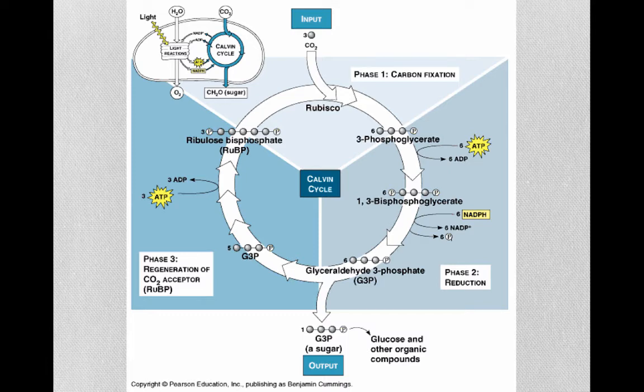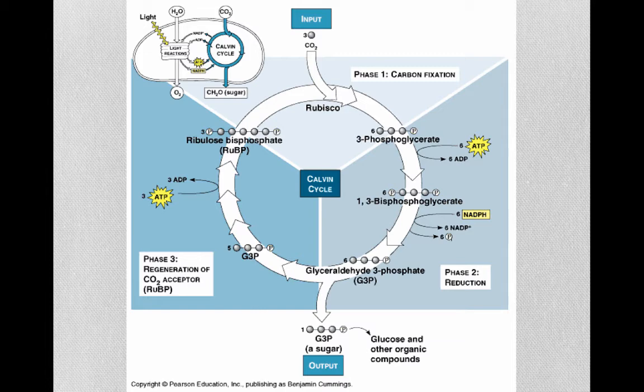The production of phosphoglycerate from the combining of CO2 with an acceptor molecule is the first phase, called carbon fixation. The second phase is the conversion of phosphoglycerate into glyceraldehyde phosphate in 2 reactions that use ATP and NADPH.